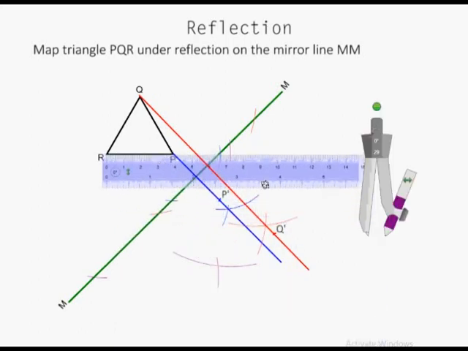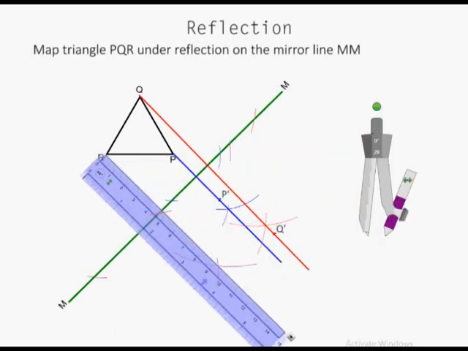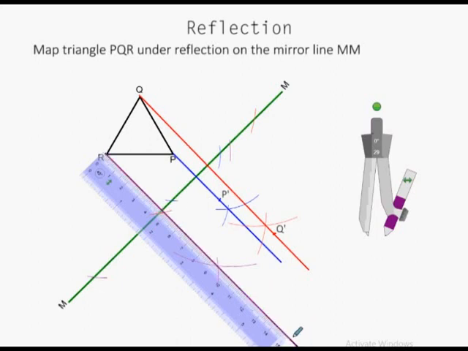Join point R to the point of intersection of the two arcs. Take the measurement from R to the mirror line and measure the same distance on the opposite side. And we have R'.